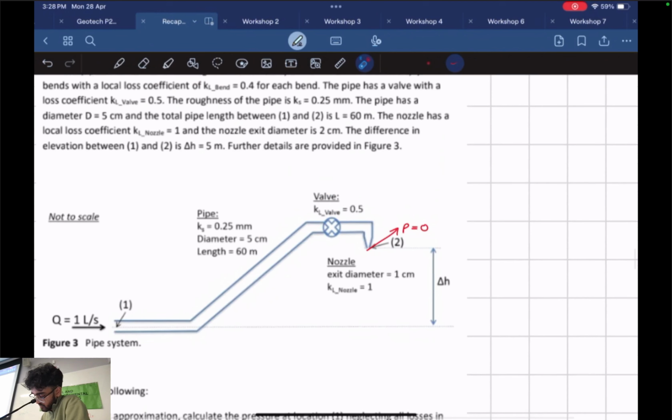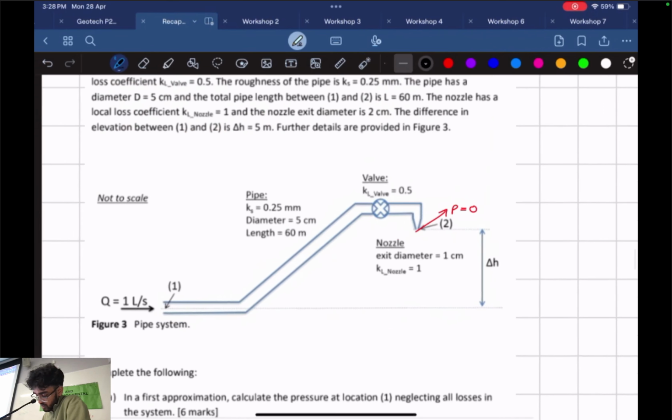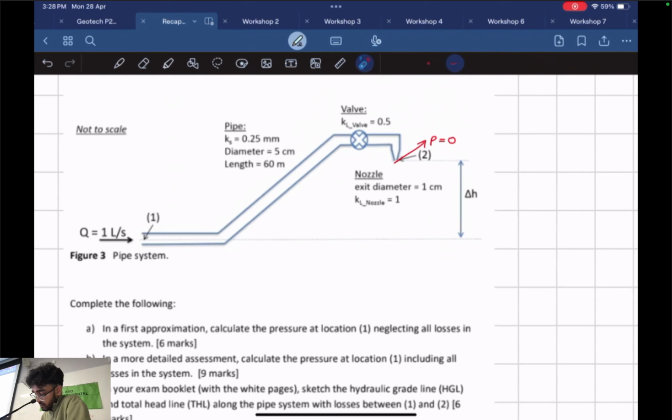Right. They've given us delta H to be, where is it? 5 meters. Here it is. Alright. Also, because we're neglecting all losses, that means the flow stays constant. So the flow over here is going to be 1 meter per second, and over here it's going to be 1 meter per second.